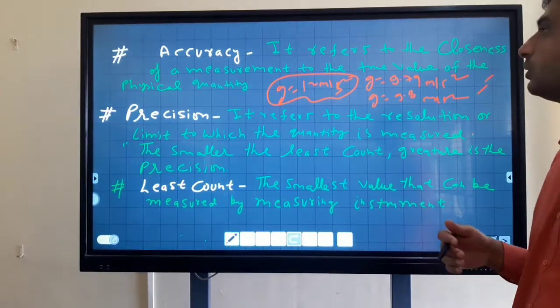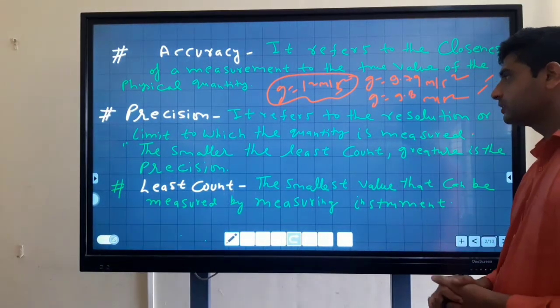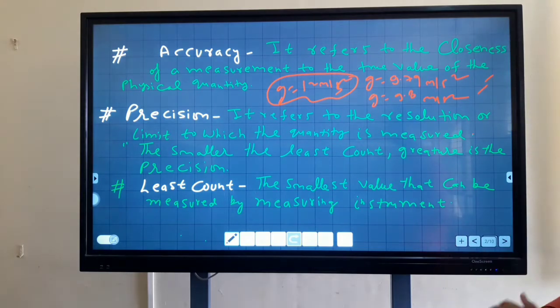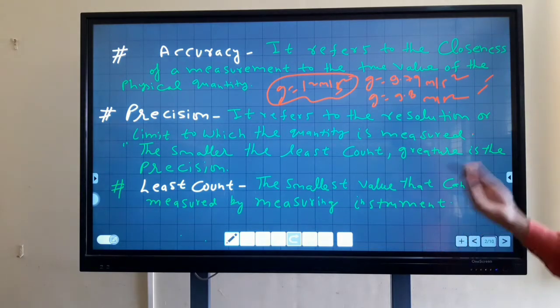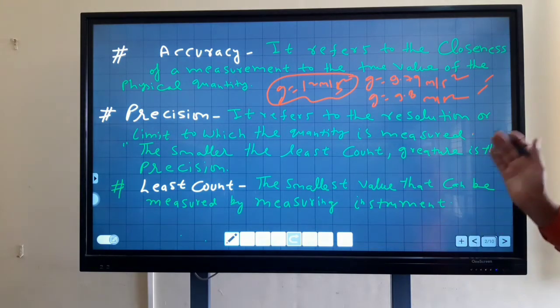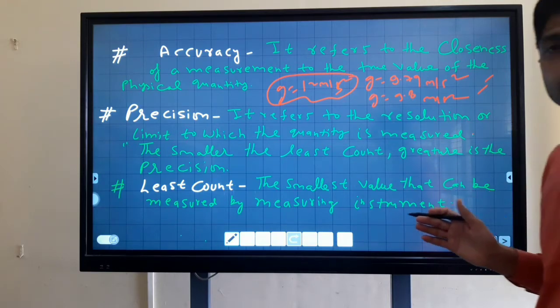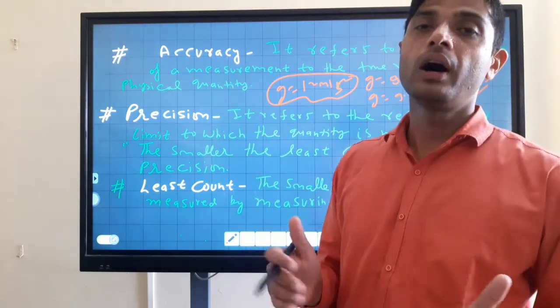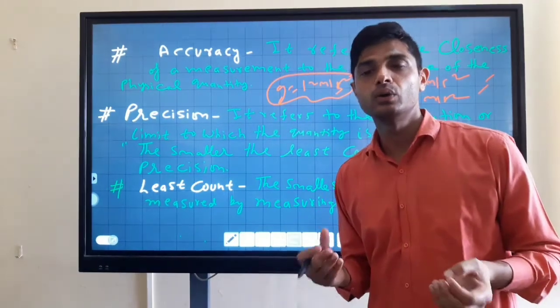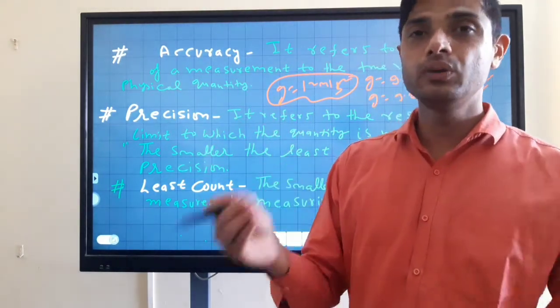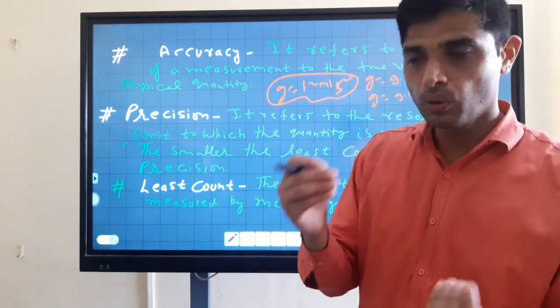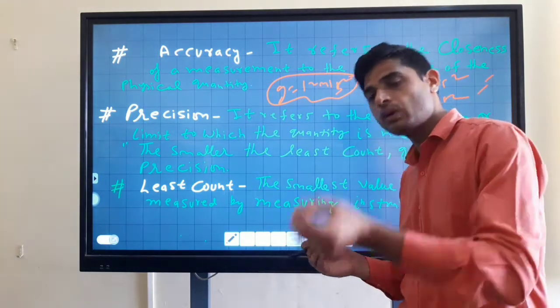Now precision. It refers to the resolution or limit to which a quantity is measured. It means we have to resolve to a smaller value.